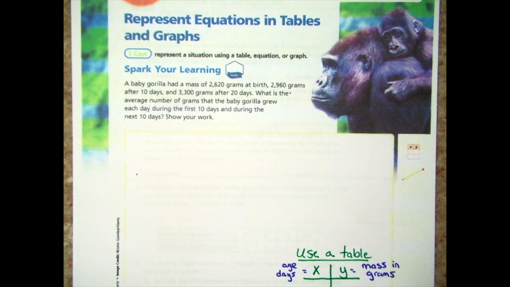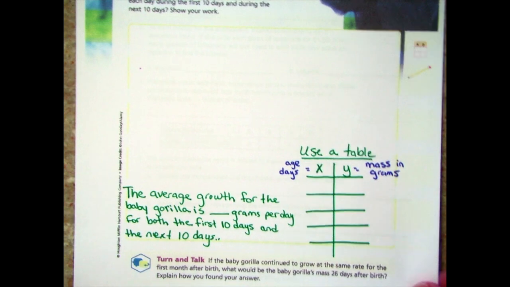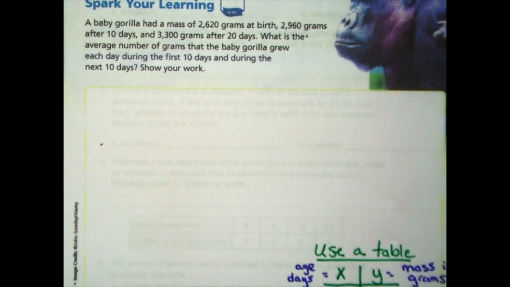So it says represent equations in tables and graphs. And you'll see I've put some other kind of learning stuff on here, and we're going to go over that in just a minute. But first, I think I'm going to zoom this in a little bit so you can see it better. And we're going to read what it says.